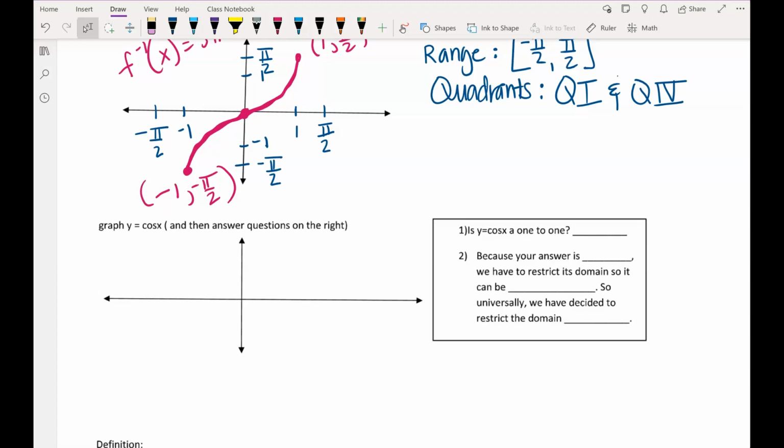I think a lot of you do have the right graph for cosine. Alexia, what would cosine of 0 be? 1, very good. Cami, cosine of π/2? 0, perfect. Lucas, cosine of π? -1.